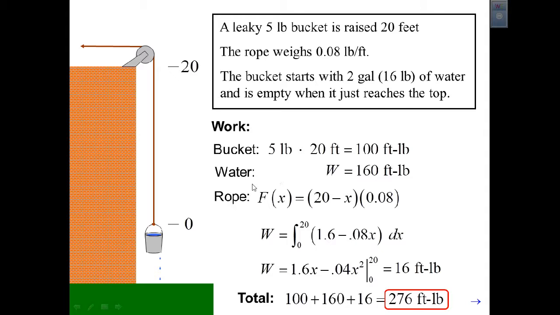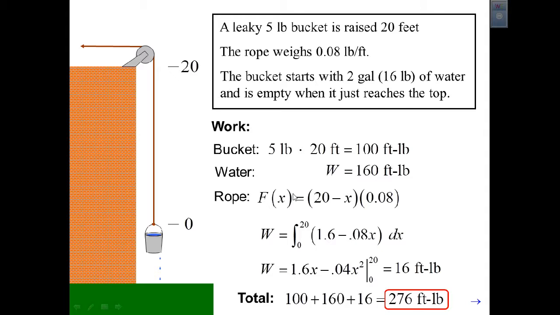But if that bucket was not leaking, if it was a solid bucket that held the entire 16 pounds of water all the way up, the only thing we would have to integrate on is the rope. So if the force or the weight stays the same, there is no integral.